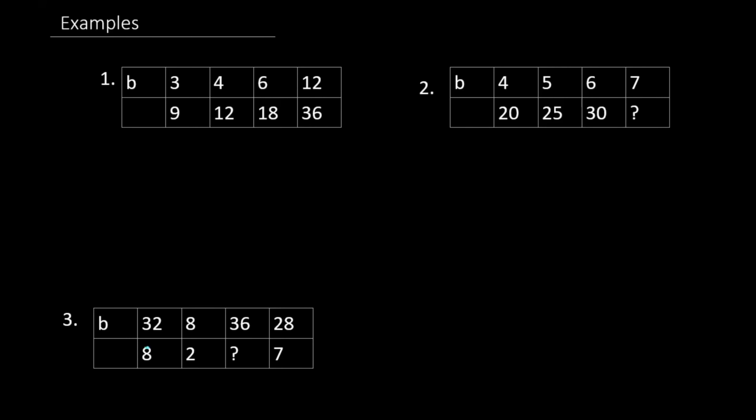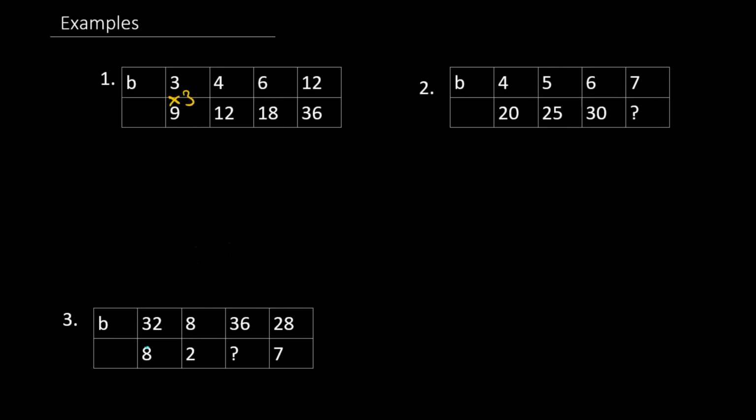So we ask ourselves, 3 times what equals 9? That is the same as 9 divided by 3, which is 3. So our question mark will be 3, and 3 times 3 gives us 9.